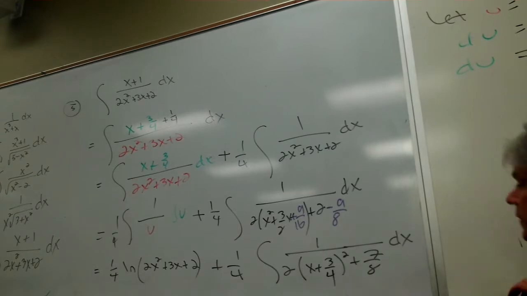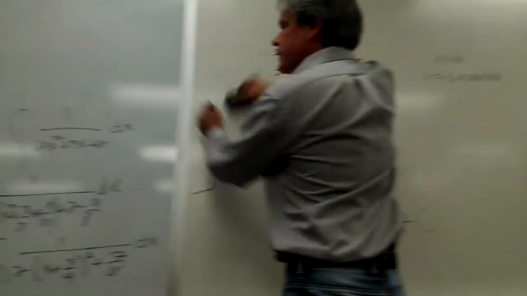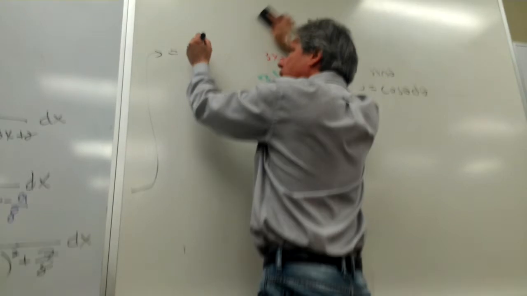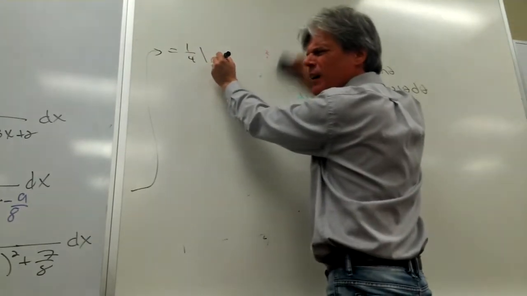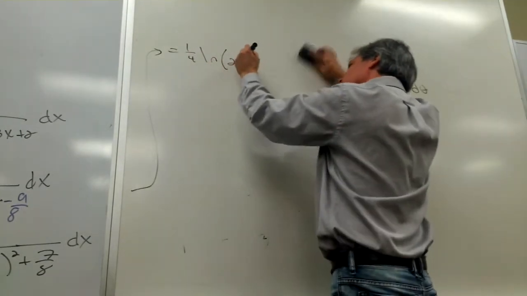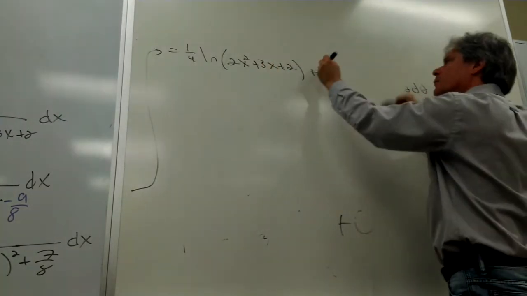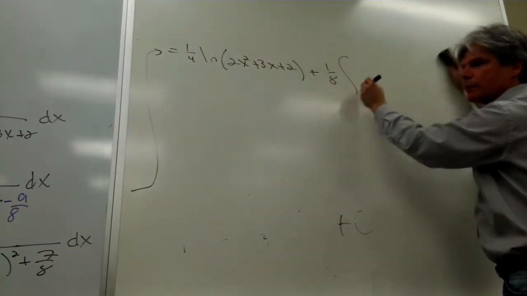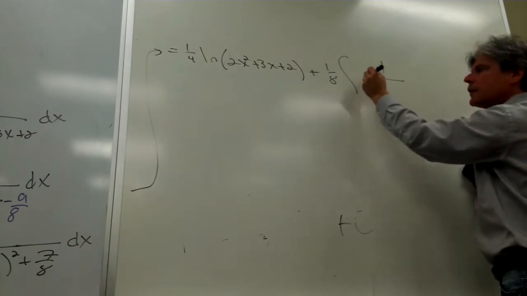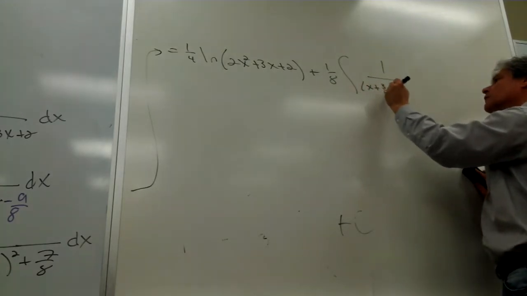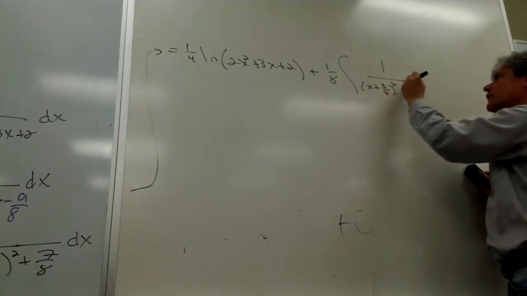Or how about saying this? This leaves me with a 1/4 natural log of stuff, plus my 1/8 times the integral of 1 over x plus 3/4 squared plus 7/16.